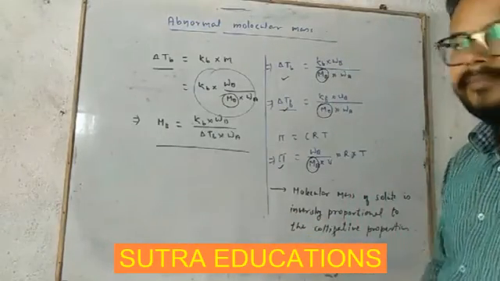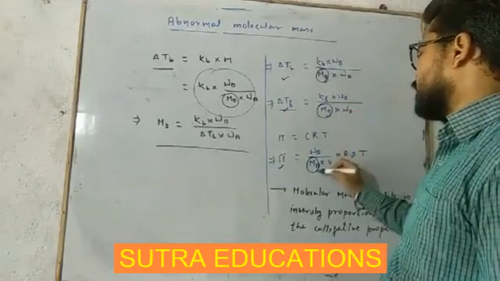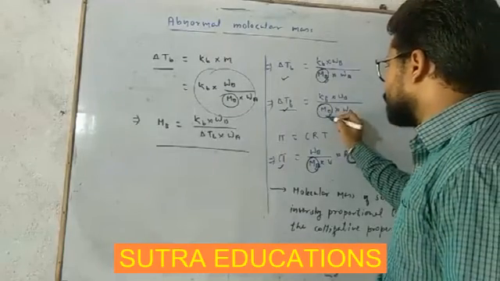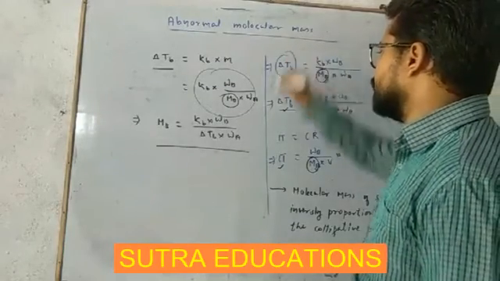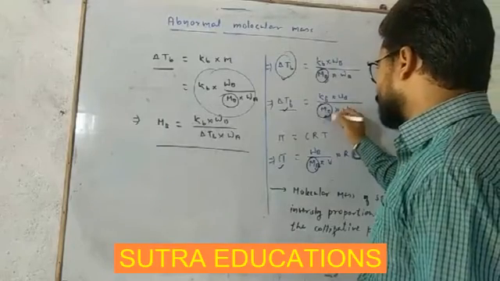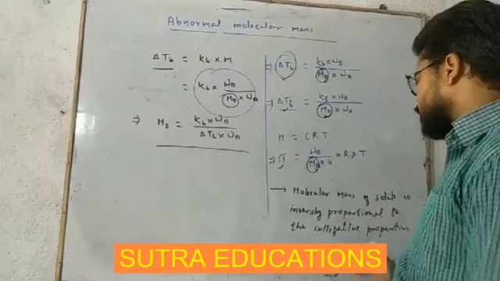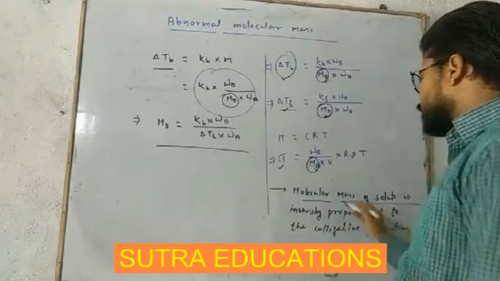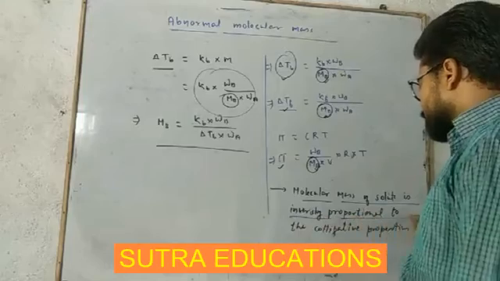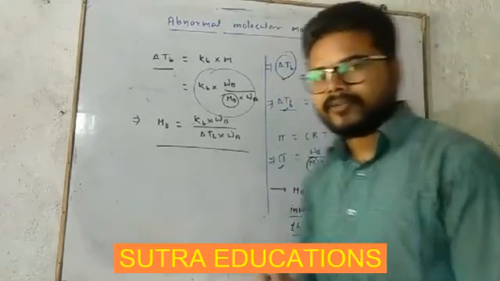Every time you can see the molecular mass of solute is present in the denominator. It means if this molecular mass increases, then the colligative property will decrease. Or if this molecular mass decreases, then the colligative property will increase. So from here we can say the molecular mass of solute, that is Mb, is inversely proportional to the colligative property. This is our conclusion.